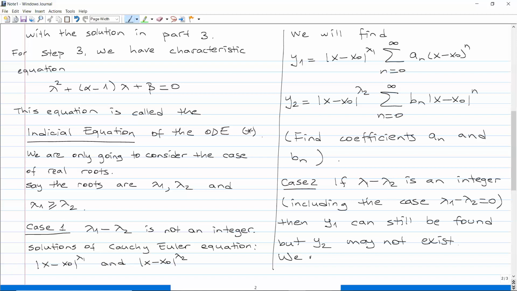We may need a logarithmic term for the second solution. We are not going to cover this case.